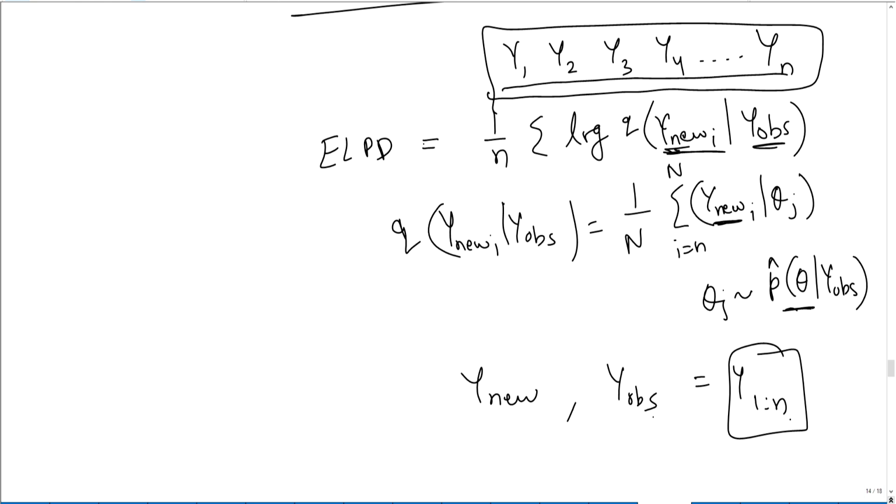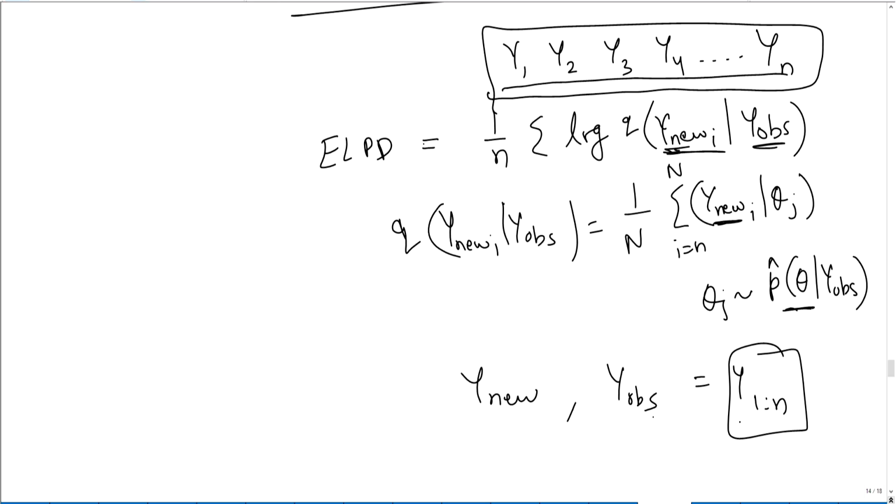So the same data is used to estimate model parameters as well as to calculate expected log predictive density. What we are doing here essentially is using the same data to train the model and to test the model. And this is very problematic because this is overfitting.